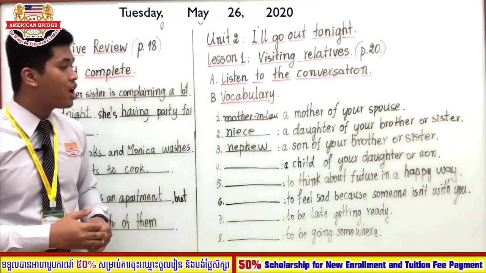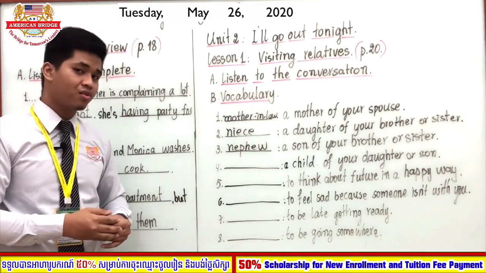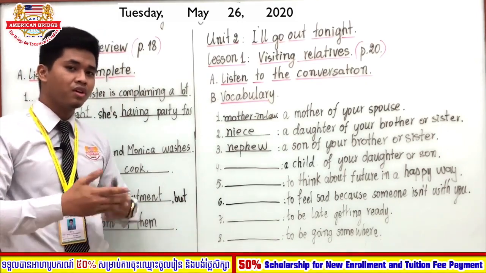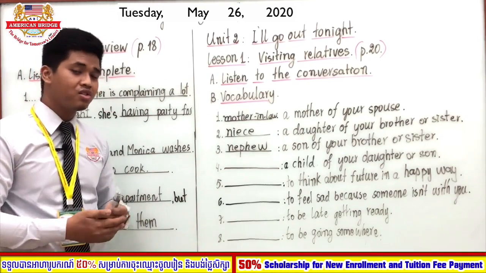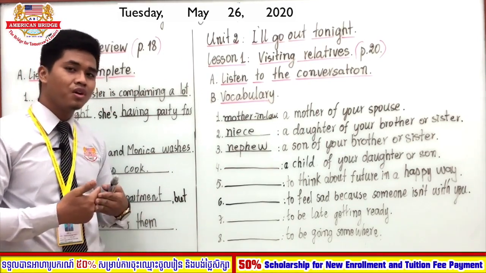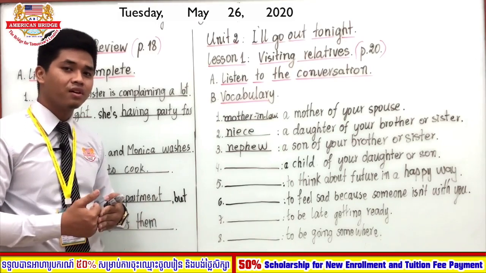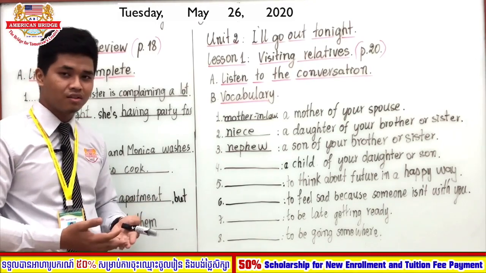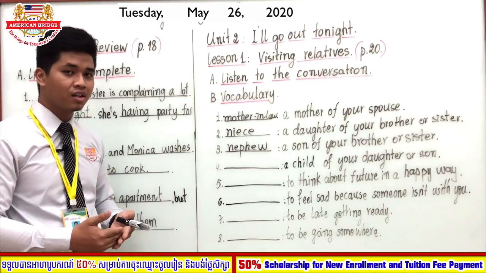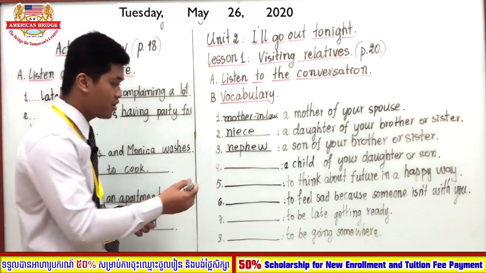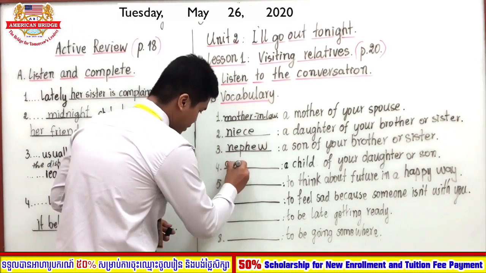Number 4, a child of your daughter or son. So when you get married, you have children, and when you are old, your children have a son or daughter. So they are your grandchild. Very good.